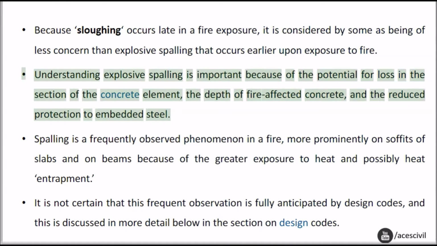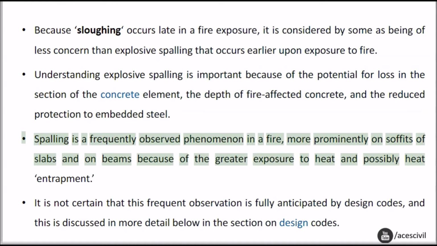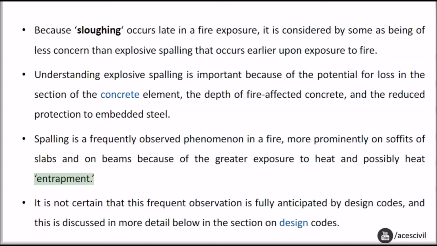Understanding explosive spalling is important because of the potential for loss in the section of the concrete element, the depth of fire-affected concrete, and the reduced protection to embedded steel. Spalling is a frequently observed phenomenon in a fire, more prominently on soffits of slabs and on beams because of the greater exposure to heat and possibly heat entrapment.